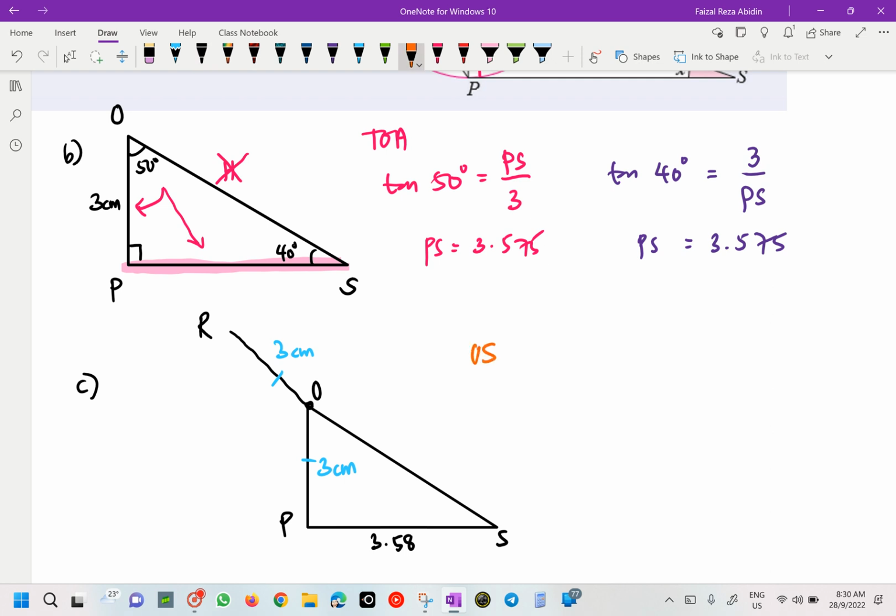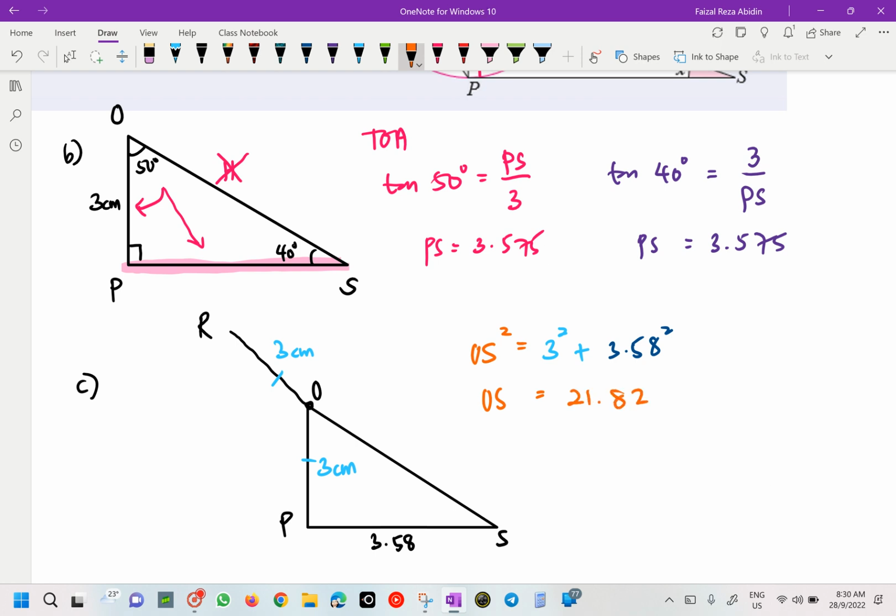So OS square equals 3 square plus 3.58 square. To find our OS here, you are going to use your calculator. 3 square plus 3.58 square, I'm going to get 21.82.